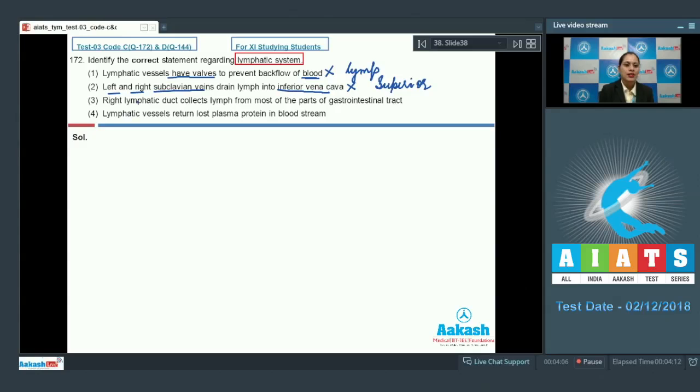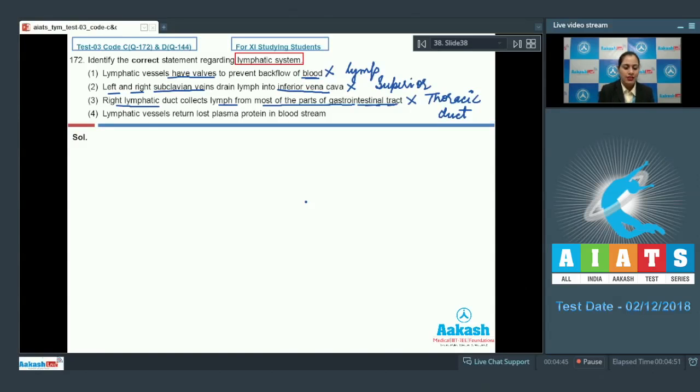Our next option is the right lymphatic duct collects lymph from most of the parts of the gastrointestinal tract, and this is an incorrect statement because it is the thoracic duct which will collect lymph from most of the parts of the gastrointestinal tract rather than the right lymphatic duct.